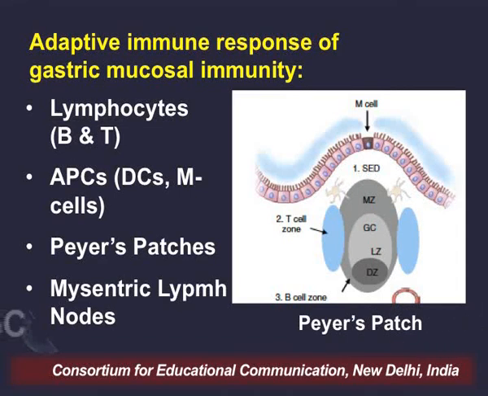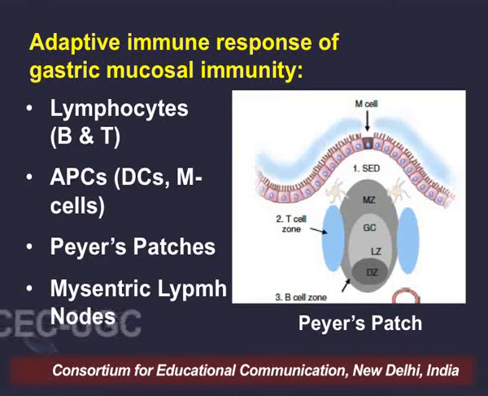And these Peyer's patches, if you see in the picture, have two major parts. First is the subepithelial dome, which is known as SED, and this is nothing but the space between the follicle associated epithelium and the Peyer's patches, because Peyer's patches are lymphoid follicles, and since the epithelial lining is present above these follicles, it is known as follicle associated epithelium.